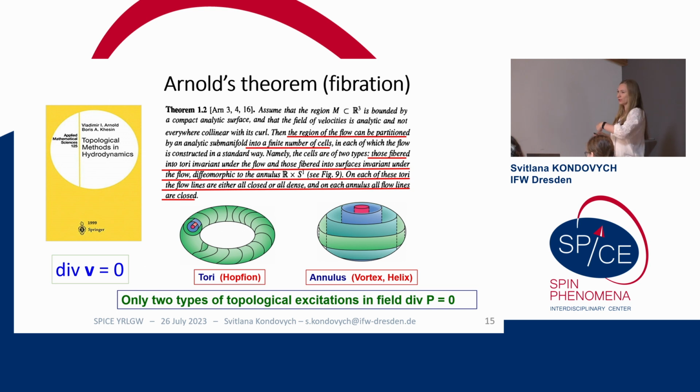So each streamline lies on the surface of a torus. This theorem has been proved. And since we have a similar requirement for the polarization in ferroelectrics, we can use methods of hydrodynamics for these fields to describe our vector textures in ferroelectrics.